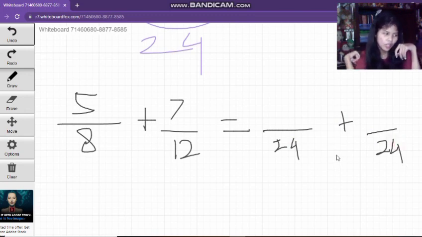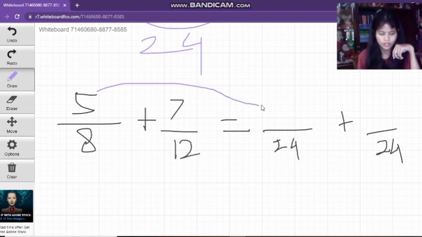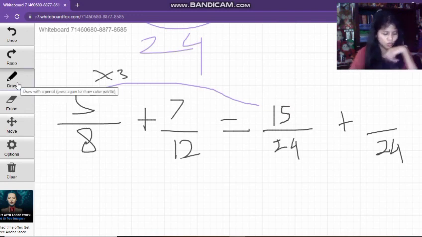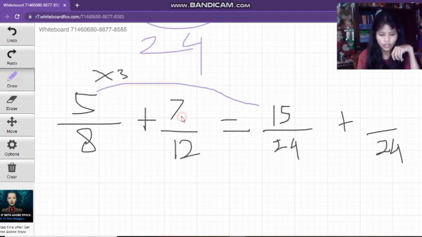So to keep the rational number equivalent, we also have to multiply the numerator by 3. 5 multiplied by 3 is 15. Then we do the same for the second rational number, multiplying by 2.